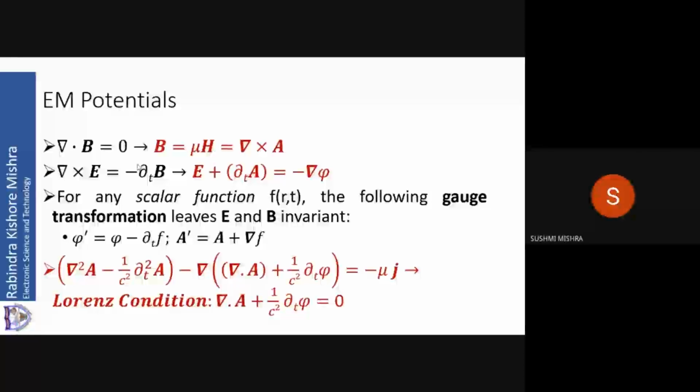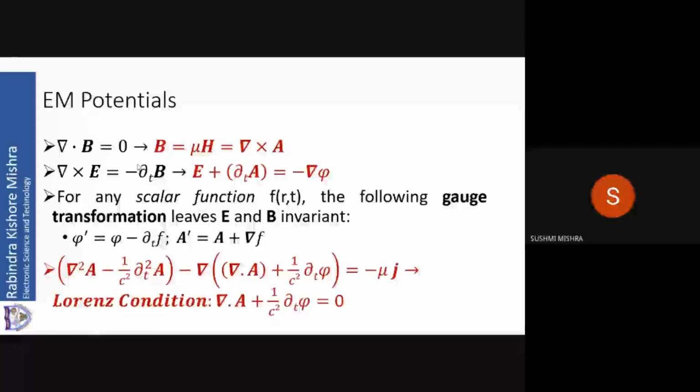So we defined two potentials A and phi, but the problem was for A, we had curl of A is equal to B, but we didn't know what will be divergence of A. So since we didn't know divergence of A, it meant that A is not clearly defined. A can take any value. Now to look at that, we looked at different conditions. In the process, we found out Lorentz condition.